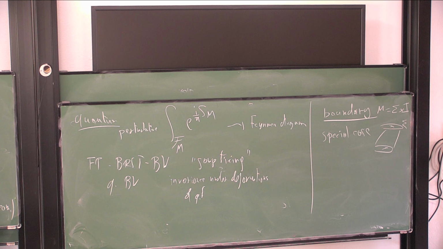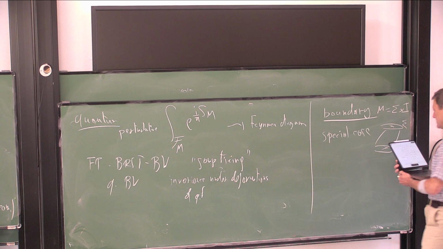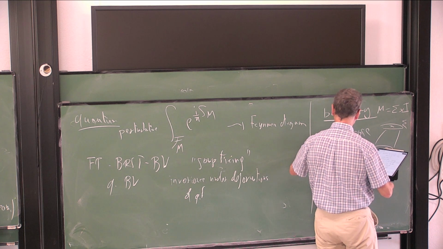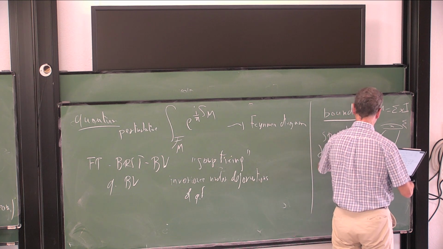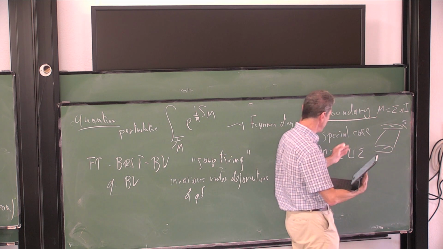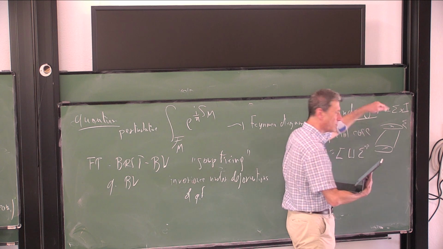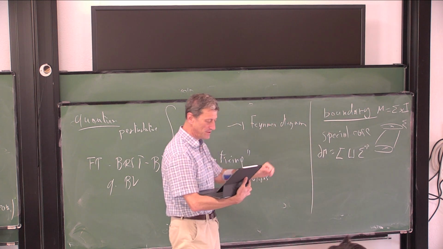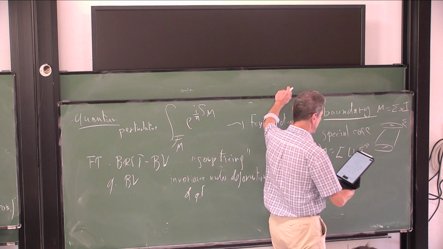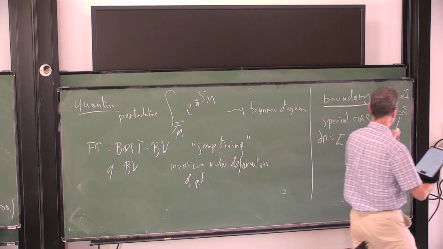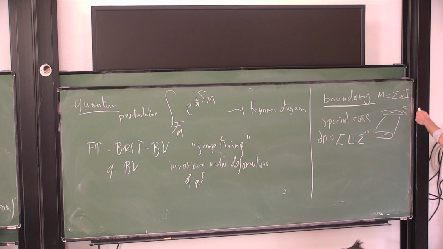So this is the first case you have to study, and typically it's enough to study this case. In this case, the boundary consists of two copies of the sigma. If you have an orientation, one of the two copies has the opposite orientation with respect to the other. And then you want to study what are the possible boundary conditions, but in this setting, you can also interpret this interval as time.